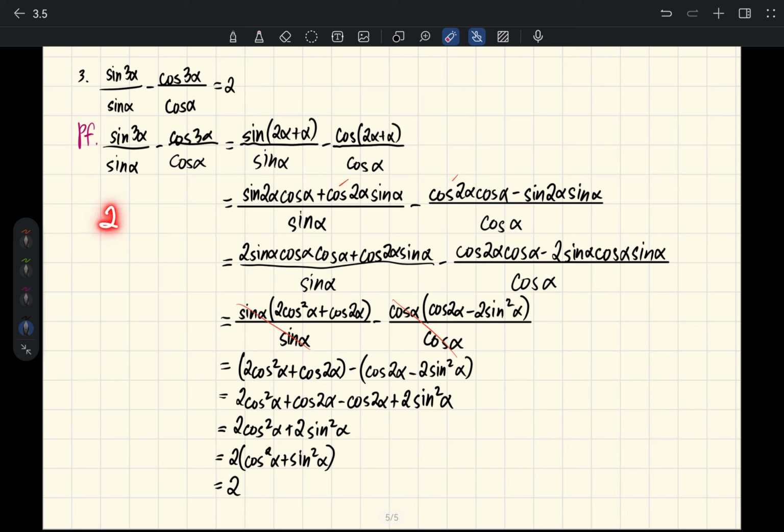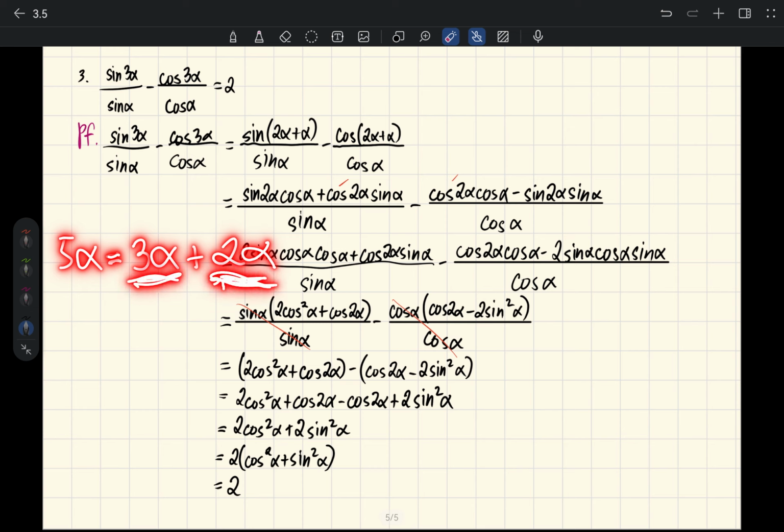So you can write it as 2 alpha plus alpha, or for the case of even multiples of alpha, for example, if you have 6 alpha, you can write it as 2 times 3 alpha, and here you can use double angle identities. But if you have odd multiples of alpha, so for example 5 alpha, it will be useful to decompose this one into 3 alpha plus 2 alpha. Okay, so your goal is to have an even multiple and an odd multiple.